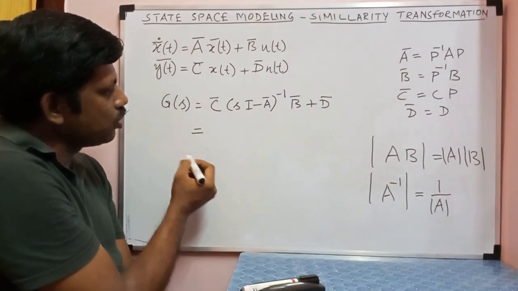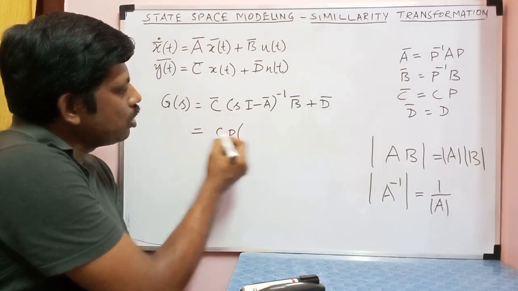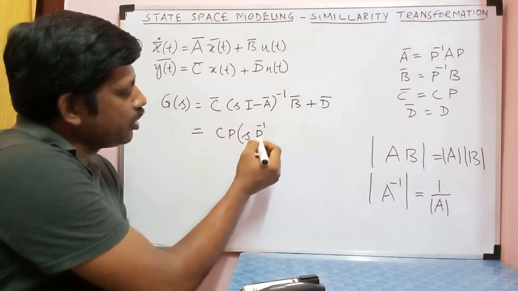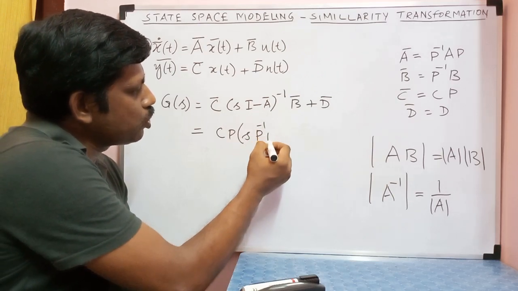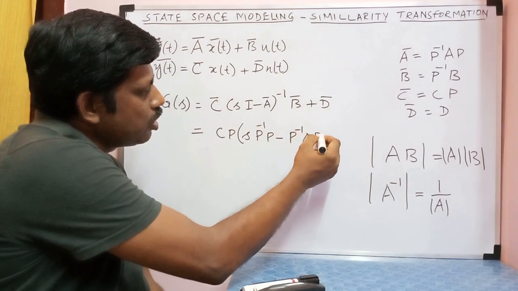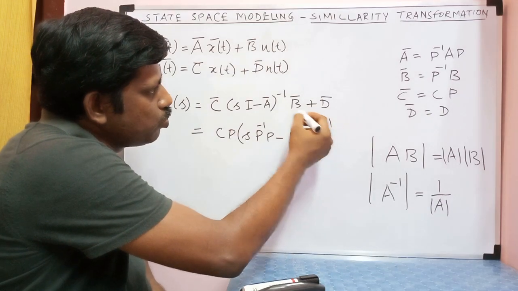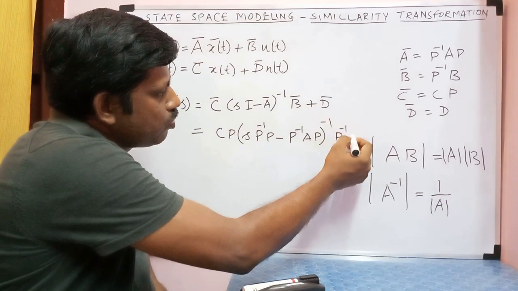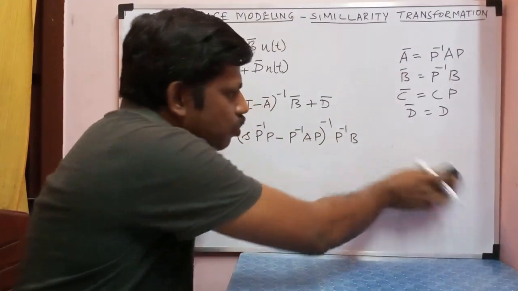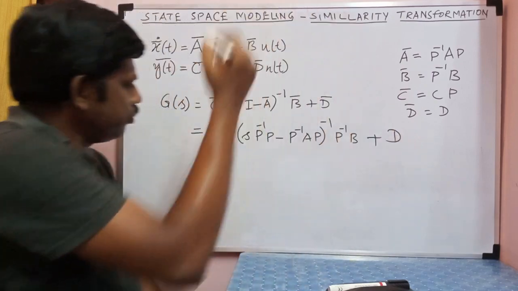Now let us substitute the values. C bar is equal to CP. Again, as I said, this identity matrix I write as P inverse P. This is (P inverse A P) the whole inverse. This is B bar, which is P inverse B, plus D matrix, which is simply D.